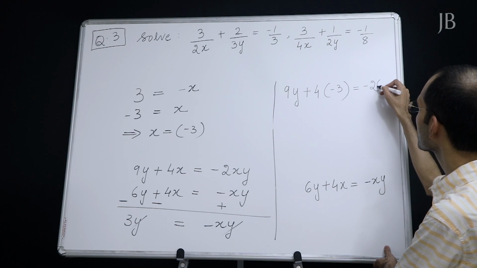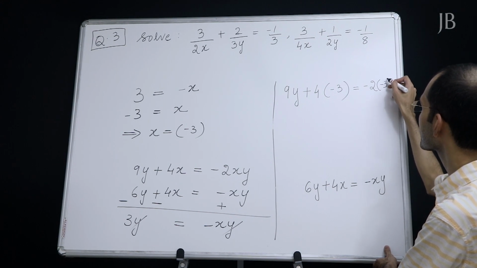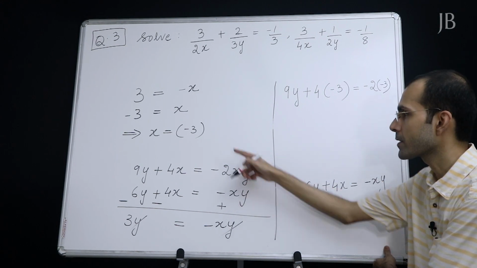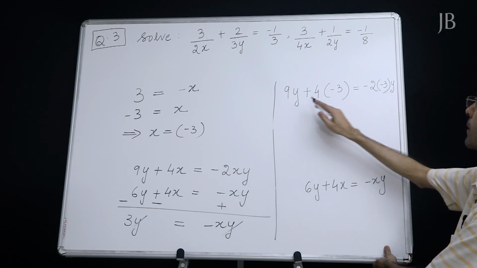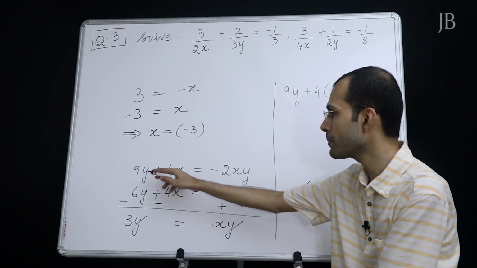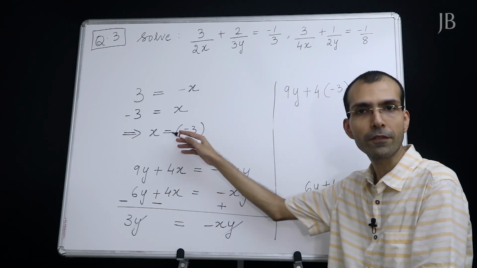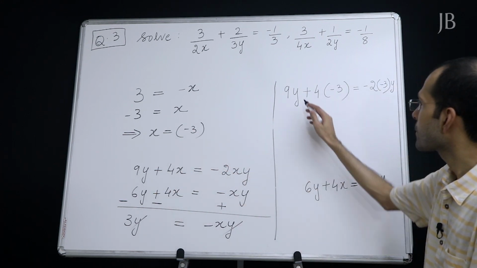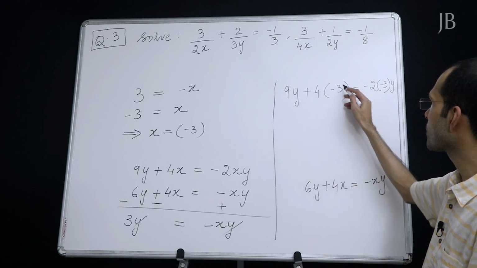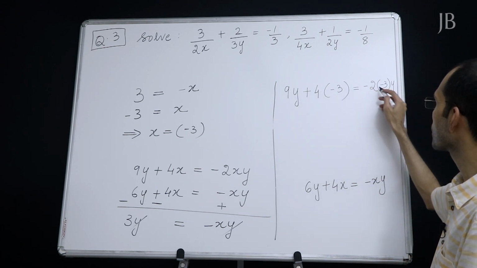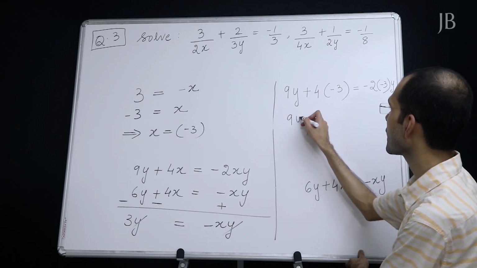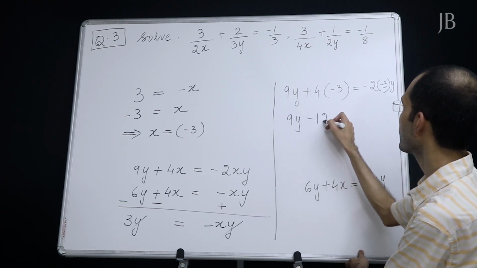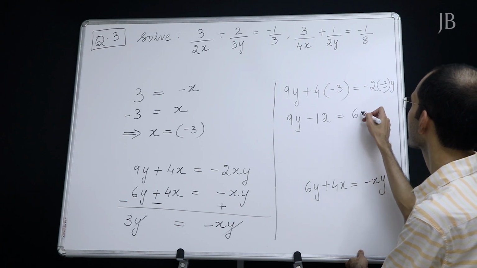So minus 2 into minus 3, because x is minus 3, into y. This equation I am using, putting the value of x as minus 3. So it will be 9y plus 4 into minus 3 is equaling minus 2 into minus 3 into y. Now this will be 9y minus 12 is equaling 6y.